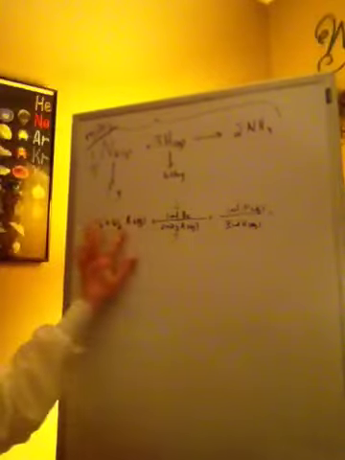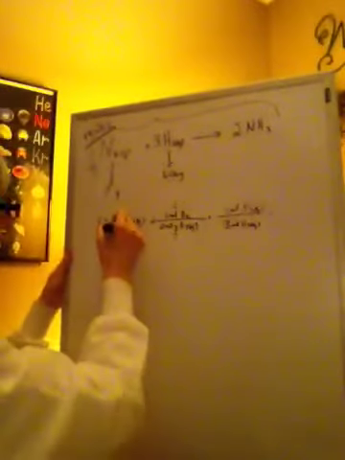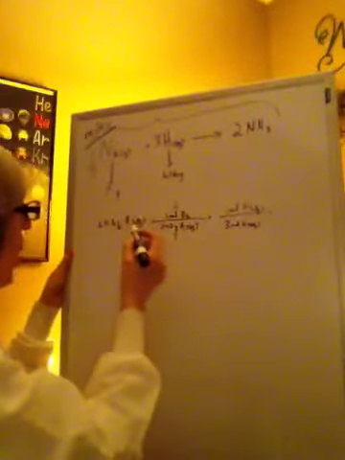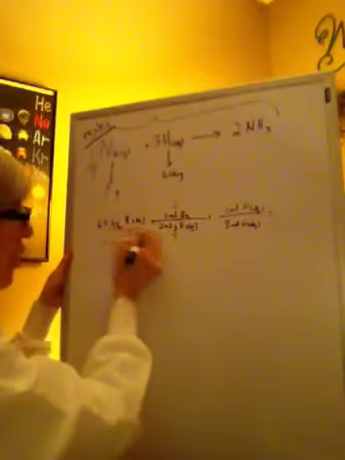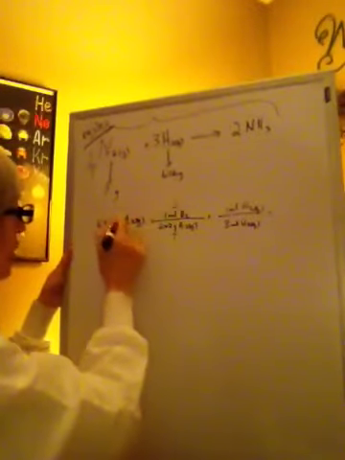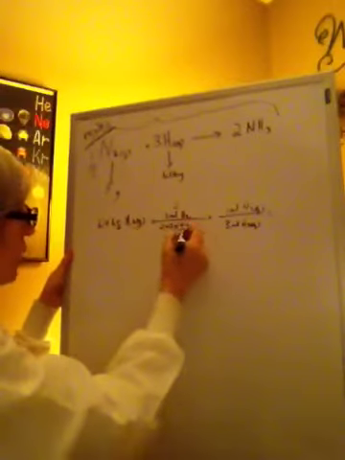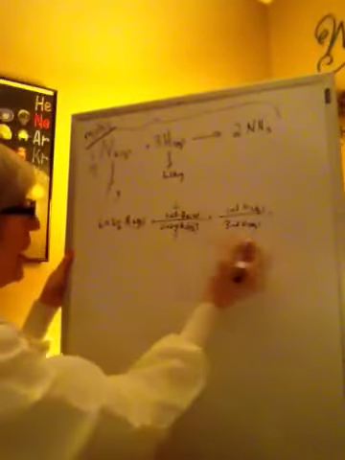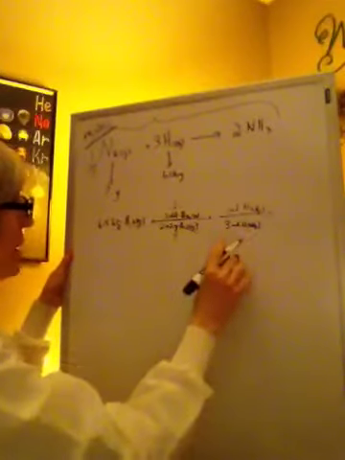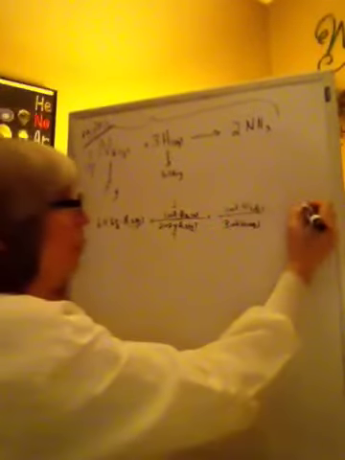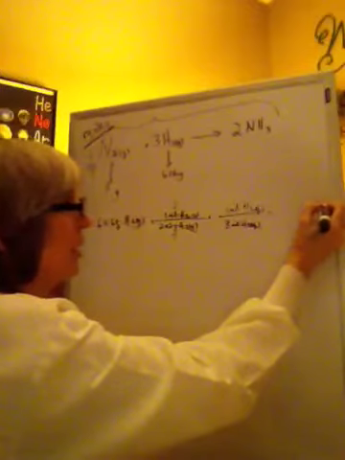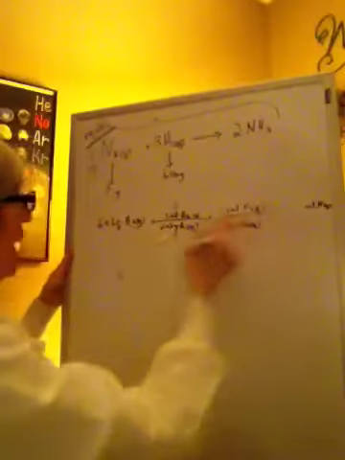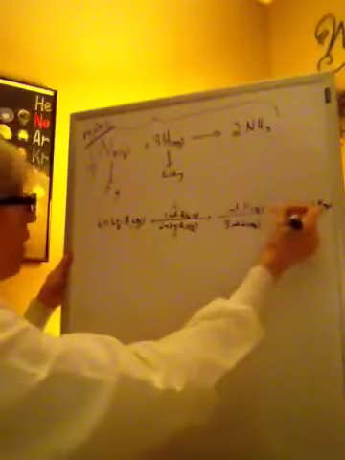Let me go ahead and do my dimensional analysis and cancel out my units and compounds as long as they're alike. Grams of hydrogen gas, mole of hydrogen gas, mole of hydrogen gas. My unit is a mole of nitrogen gas. So let me carry out my calculation.